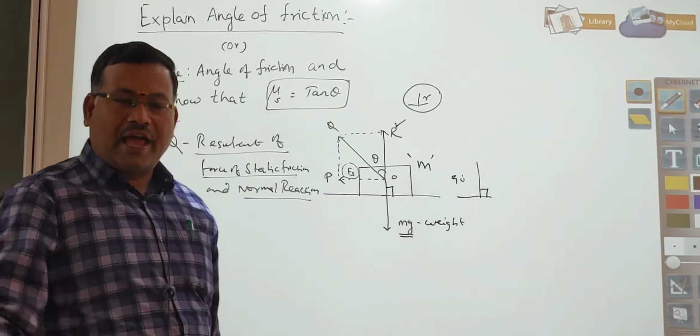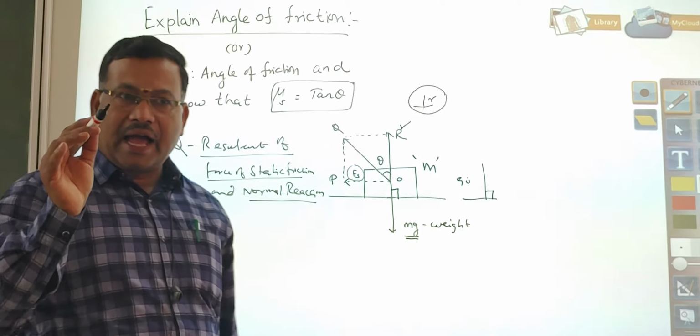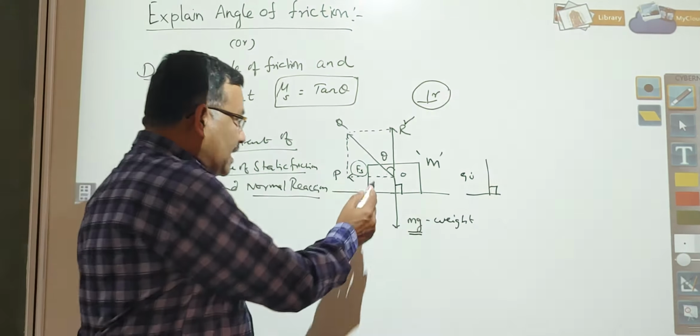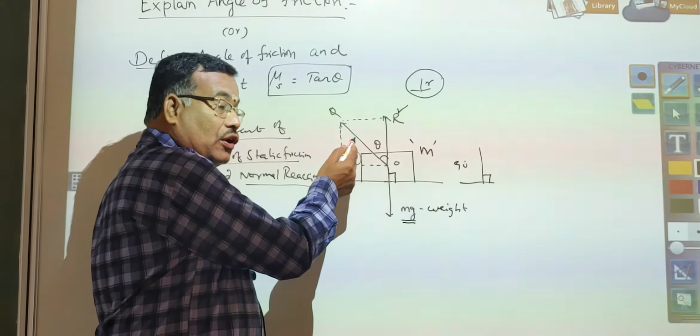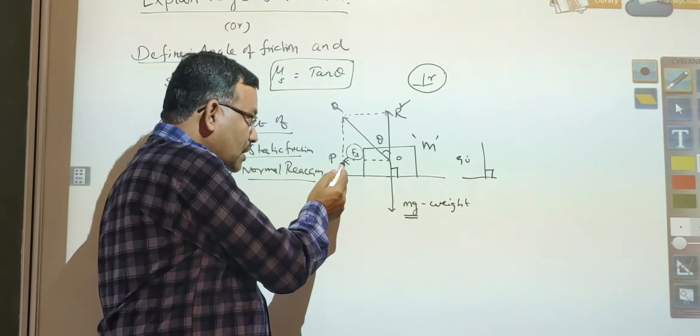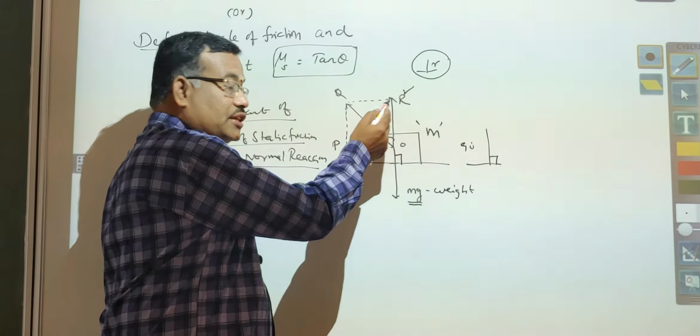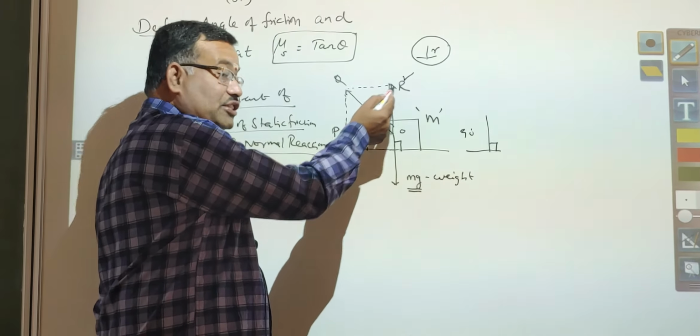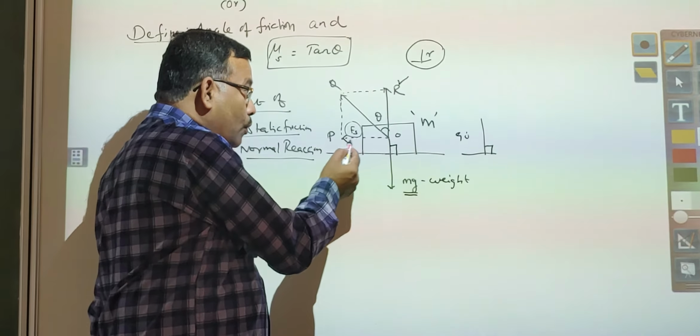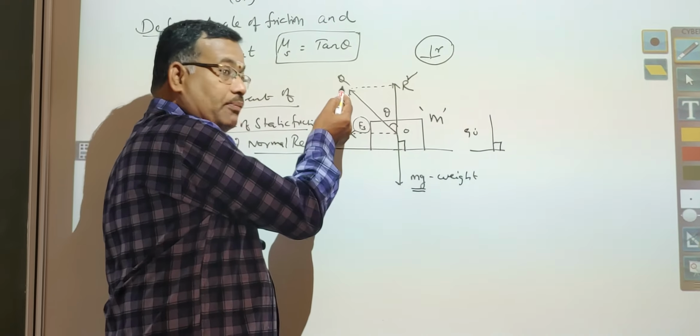So what do you mean by angle of friction? The angle made by the resultant of the force of static friction and normal reaction. Resultant means net value: the net value of OP and OR is represented by OQ.